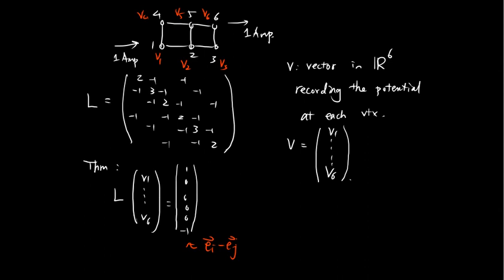L is equal to G dot Laplacian matrix. It looks like what we wrote before, and let's say EI minus EJ is the vector 1, 0, 0, 0, 0, minus 1. Okay, this is EI minus EJ.